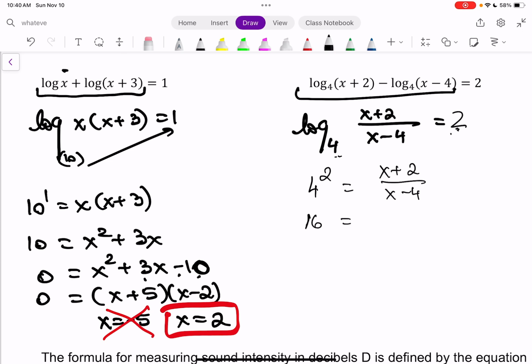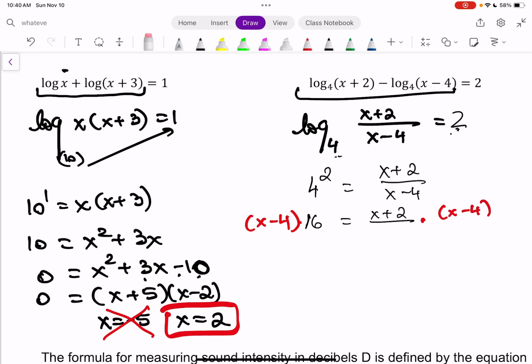So, good thing that we learned how to solve rational equations as well. So rational equations, equations with fractions, what we do is we want to get rid of the fractions. So we'll multiply both sides by this least common denominator.